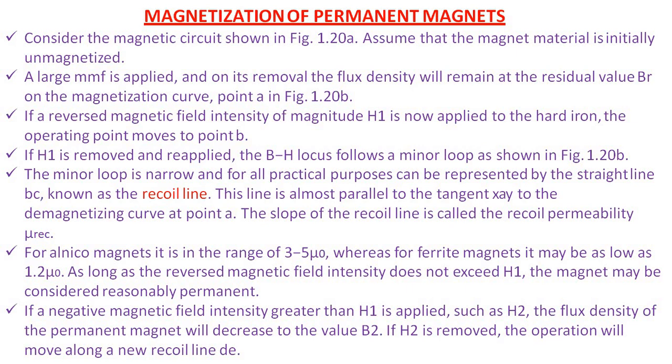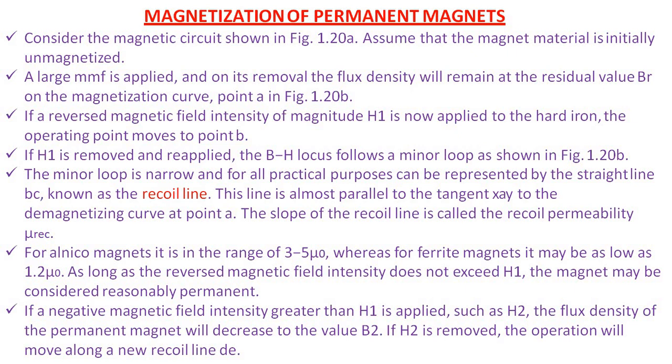If H1 is removed and reapplied, the BH follows a minor loop as shown in the figure. The minor loop is narrow and for all practical purposes can be represented by the straight line BC, known as the recoil line.